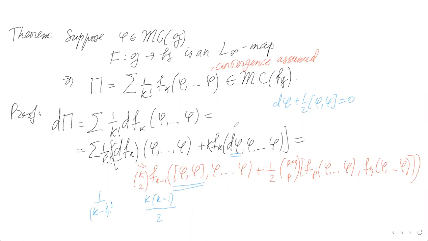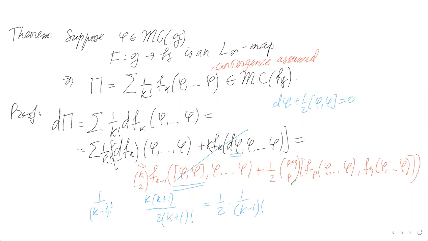So just to match this, we need to take f_{k+2}. So it will give us (k plus 1) times k over 2 divided by (k plus 1) factorial. And as you see, it's precisely 1 over k factorial, 1/2 times 1 over (k minus 1) factorial. So these two elements now cancel due to this Maurer-Cartan identity, right?